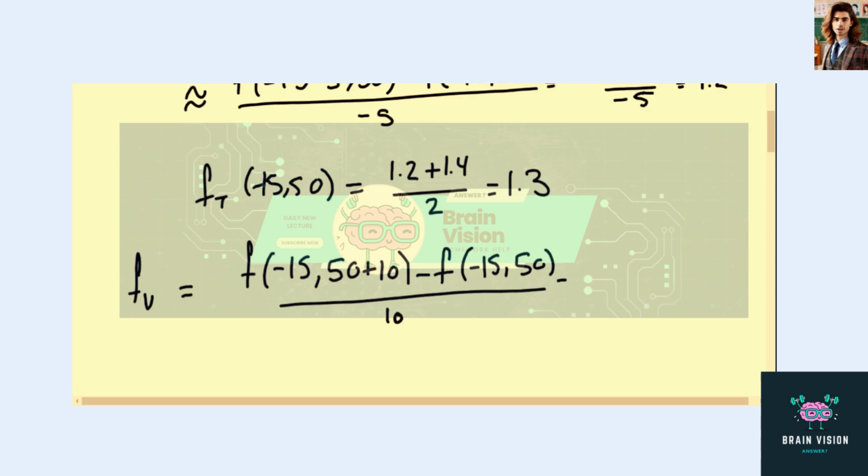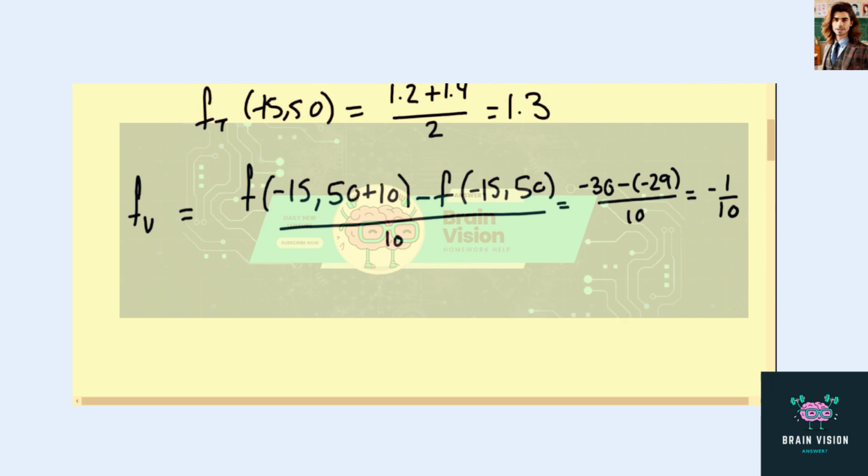Divide that by 10, so that ends up being equal to negative 30 minus negative 29 over 10, which is equal to negative 1/10.